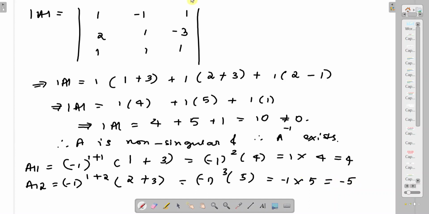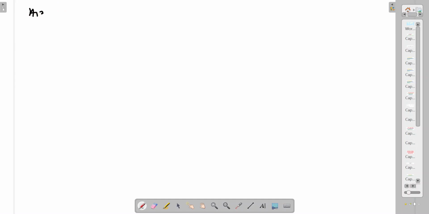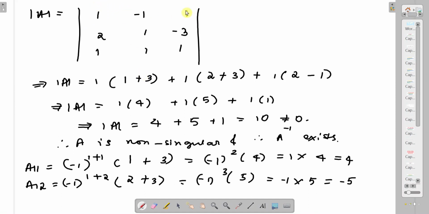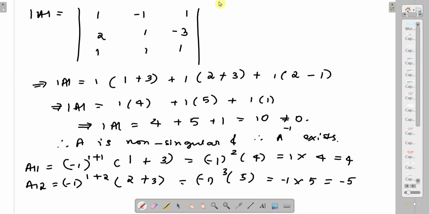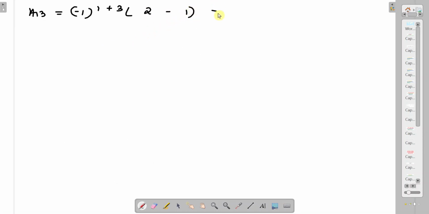Then you have A13, which is minus 1 raised to 1 plus 3, and so we have to hide the first row, third column. 2 1s are 2, and minus 1 1s are 1. So minus 1 raised to 4 times 1, which is 1 times 1, which is 1.